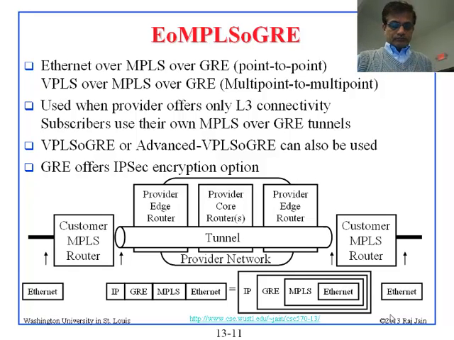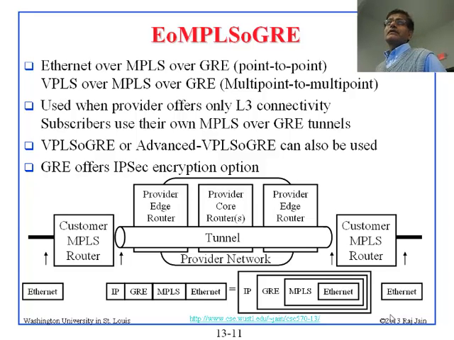Similarly, if an IPv6 packet has to be sent, usually we use a tunnel of IPv4. But can we simply replace Ethernet by an IPv6 packet and use the same encapsulation? If you had IPv6, your MPLS might be MPLS 6 or something.